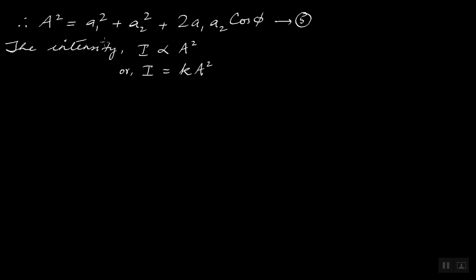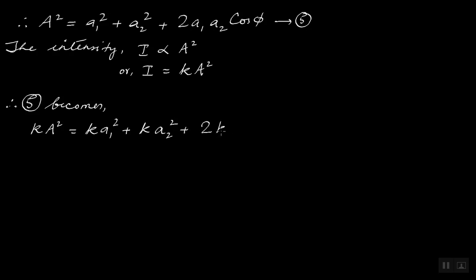So what we are going to do is we are going to multiply k on equation 5 on both sides. So therefore equation 5 becomes k a square equals k a1 square plus k a2 square plus 2k a1 a2 cos phi.